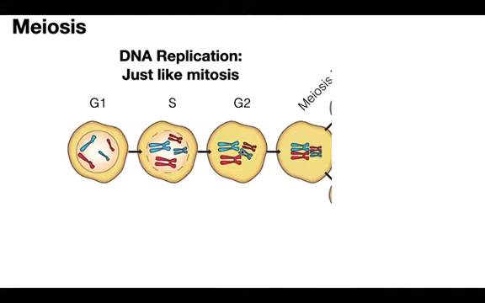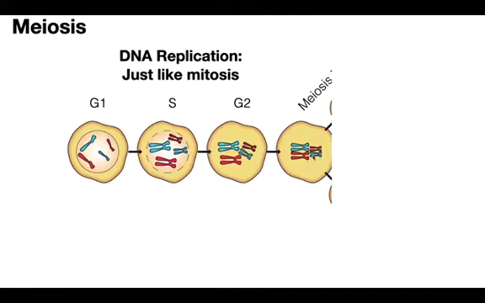Now a little bit differently, in meiosis, instead of the sister chromatids lining up in a single file line down the center of the cell, they end up stuck together with their homologous pairs, forming a group on one side and another group on the other side to the right.